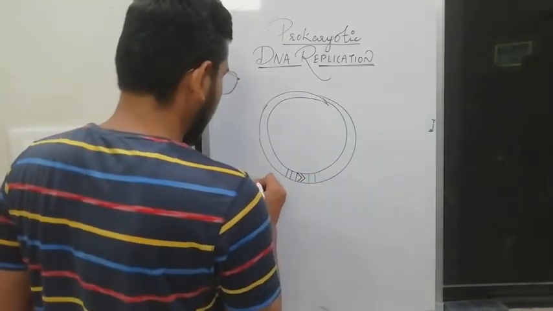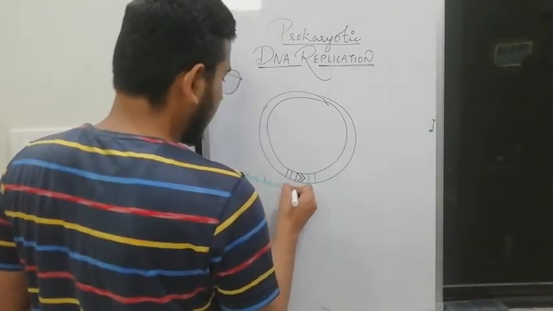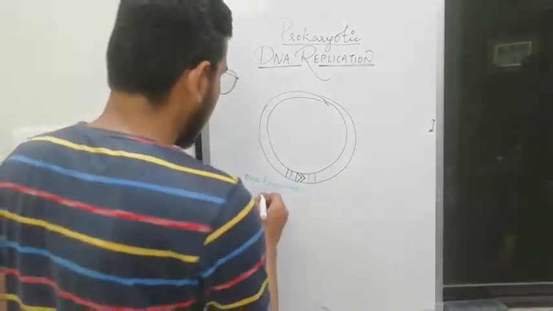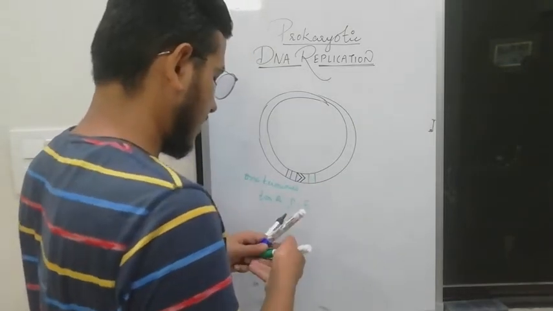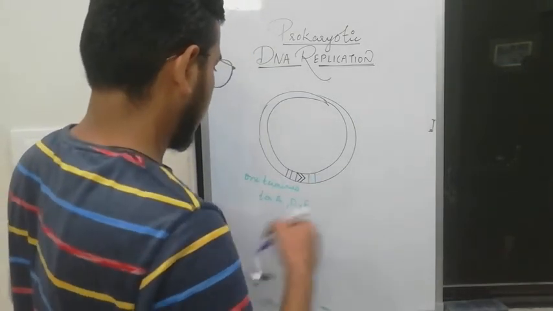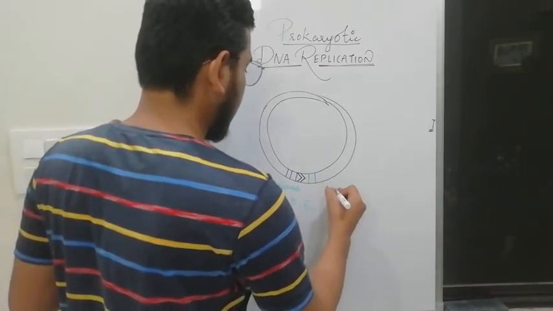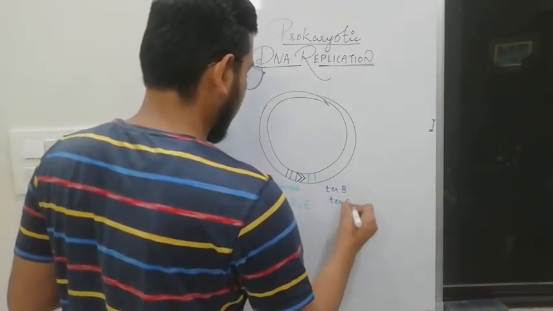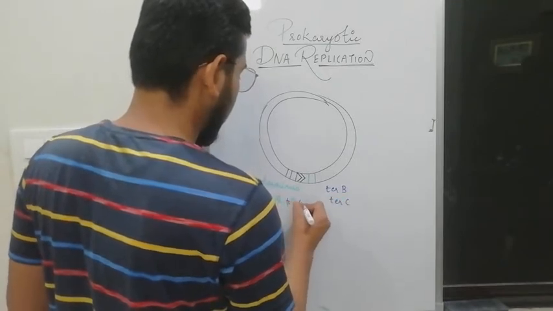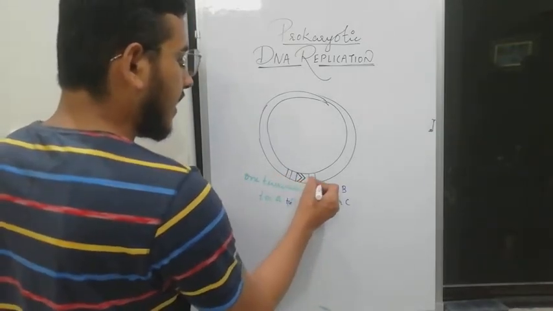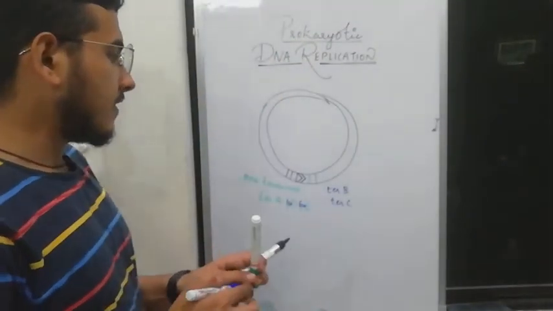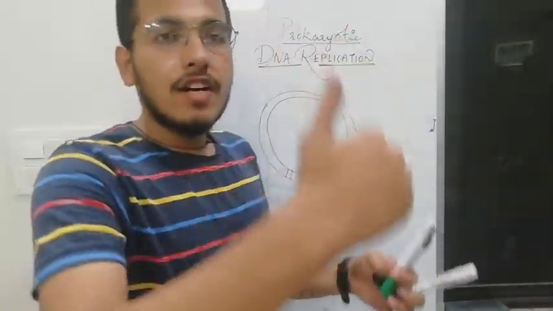One terminus contains Ter A, D, E and the other terminus contains Ter B, Ter C. So these are termination sequences, with termination utilization proteins, and they work in only one direction.